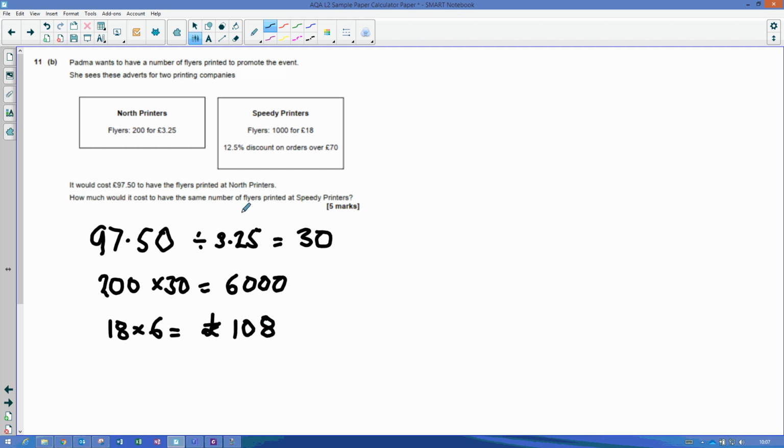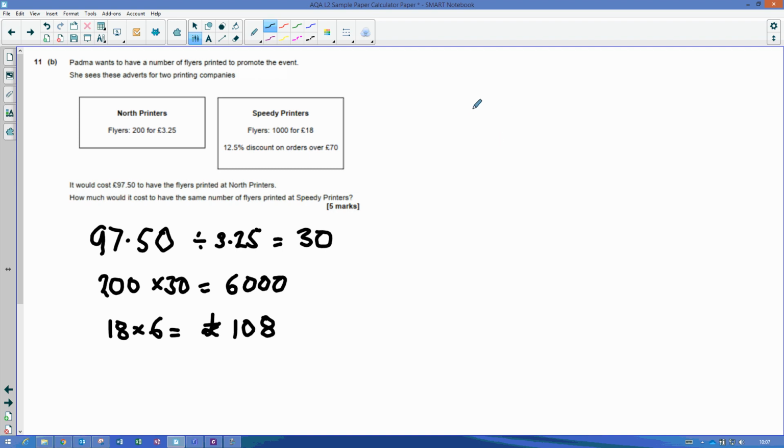Have I finished? Well, that's the cost for Speedy Printers, so it looks like it, but actually no, because I'm going to get a discount if I'm spending over £70, and 108 is more than 70, so I need to work out the discount. So I need to take off 12.5%.